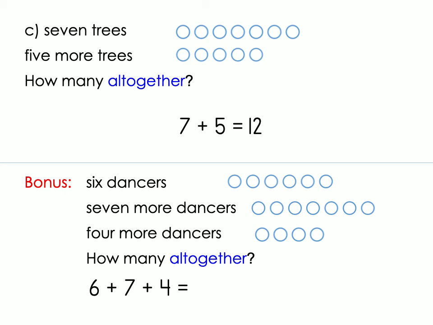How can we find the answer here? I don't know what the answer is, but I think I might start with 7 plus 4 because I know that's 11. And then I would do 6 more after 11, 12, 13, 14, 15, 16, 17. 6 plus 4 plus 7 is 17.